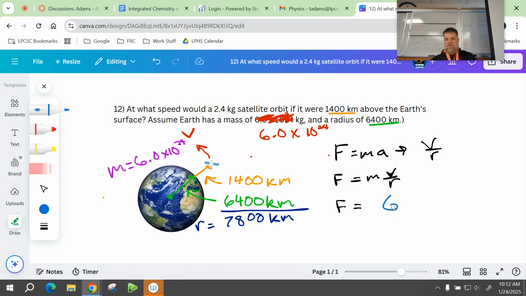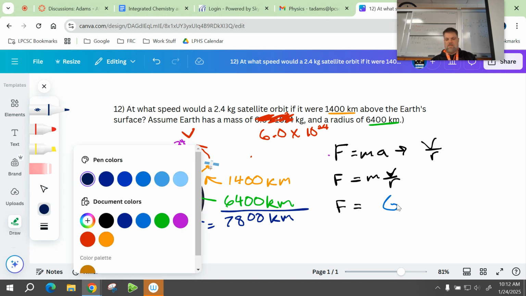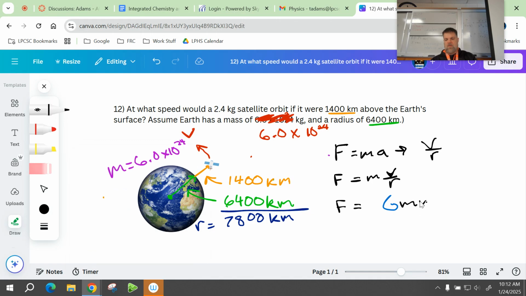But this is equal to the gravitational constant, capital G, times big M times little m divided by r squared. And so one of these is the mass of the Earth.